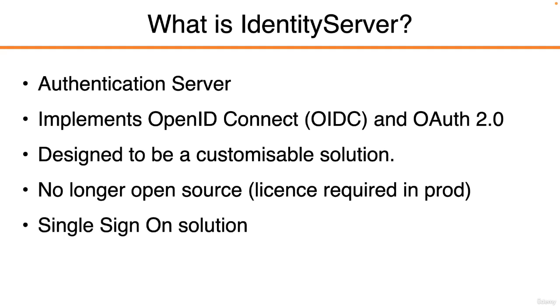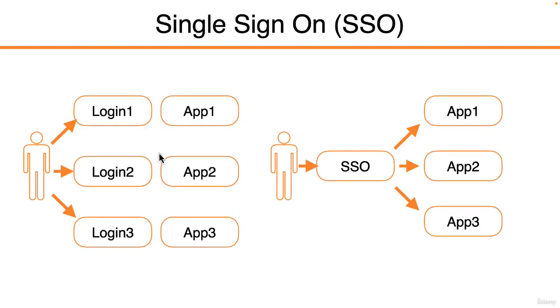And Identity Server is a single sign-on solution. So typically, you would not use something like Identity Server for a single app authentication. The goal of this really is to get around what users have become tired of, which is having separate logins for separate applications, where they have to sign up and fill out a form just to get into a single application.